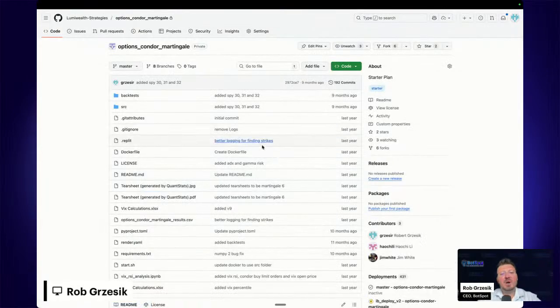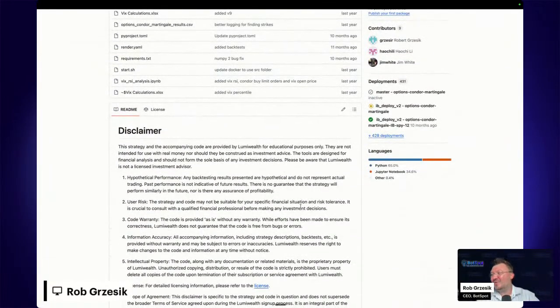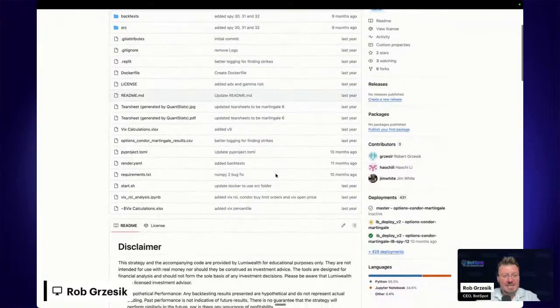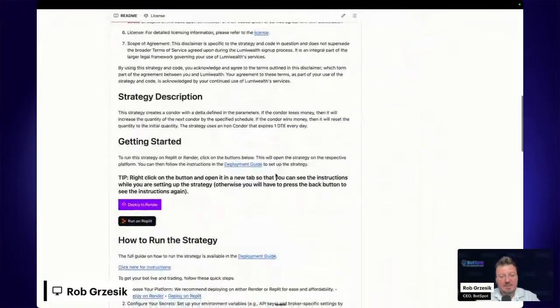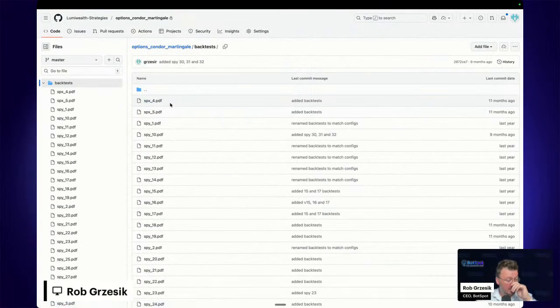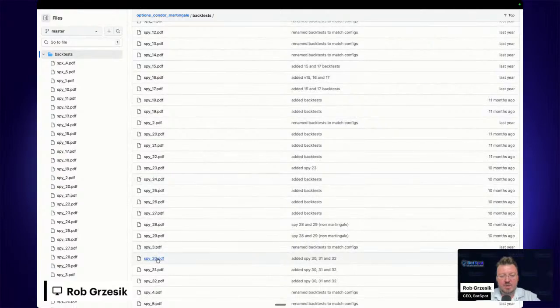This is a bot that back in the day we spent a lot of time building. For those of you that have been part of Lumiwealth for a while, you may remember we spent months building this thing. This is pre-AI. And basically, we created something that trades iron condors, which, if you have ever traded them, basically make money when the stock market's pretty chill, right?